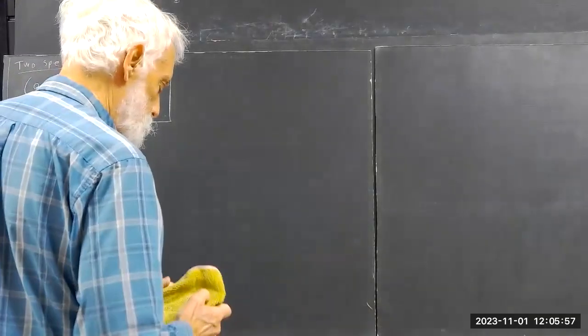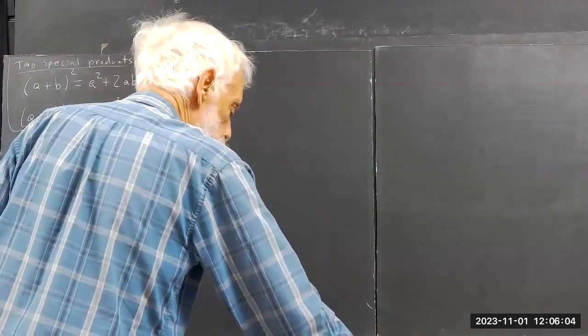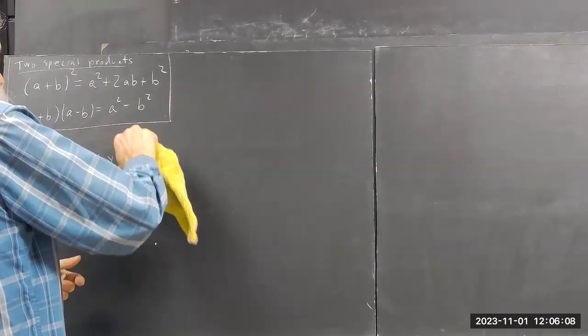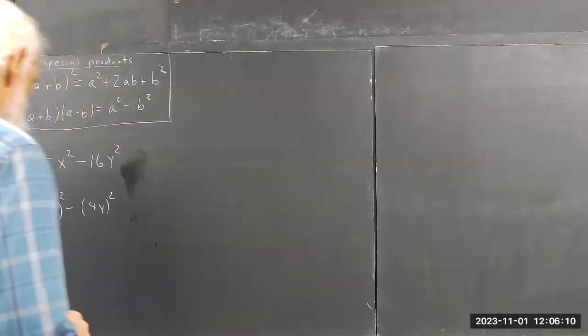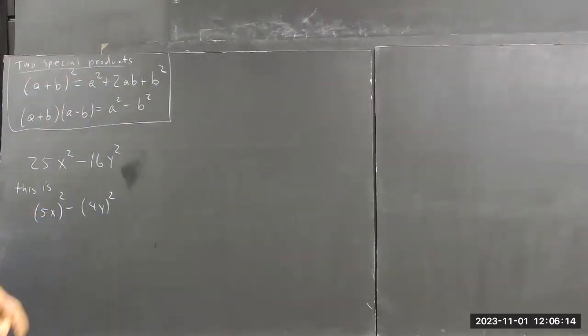We've been talking about equations, but I really don't want to use this yet to solve an equation. This is an illustration for the special product. This is 5x squared minus 4y squared.